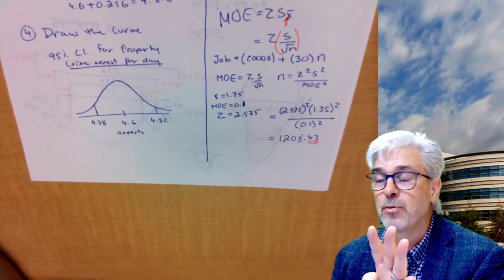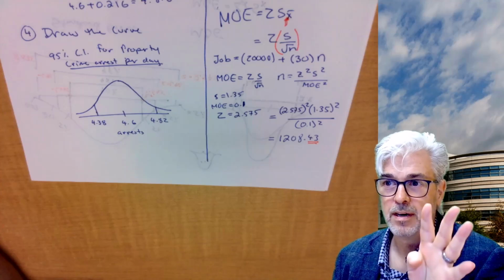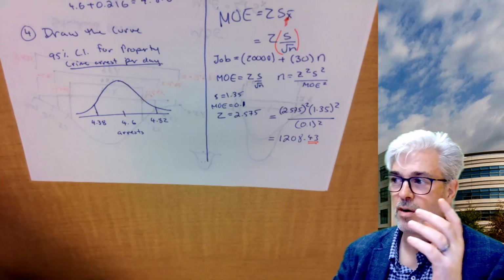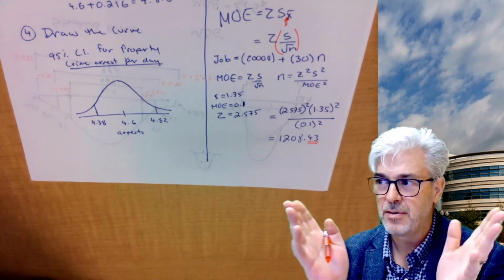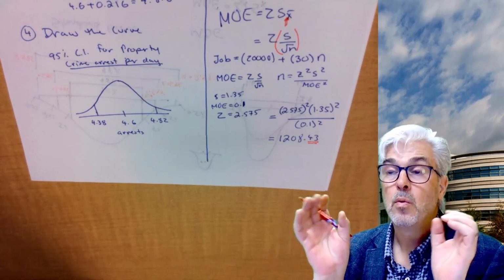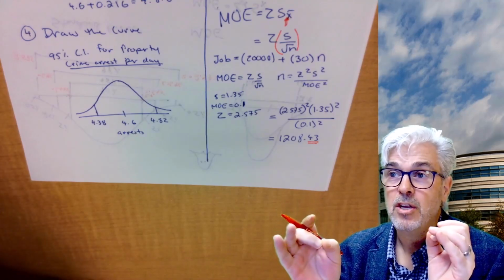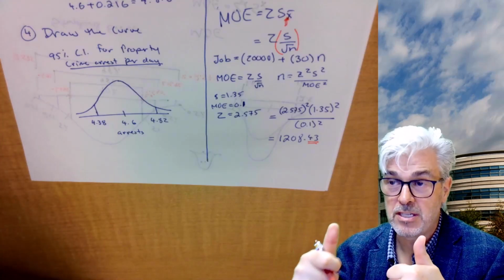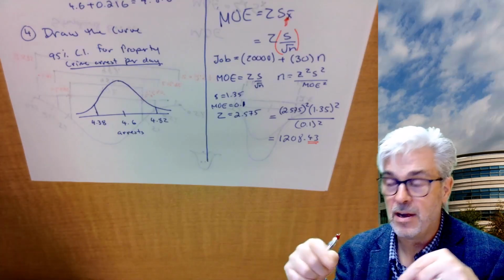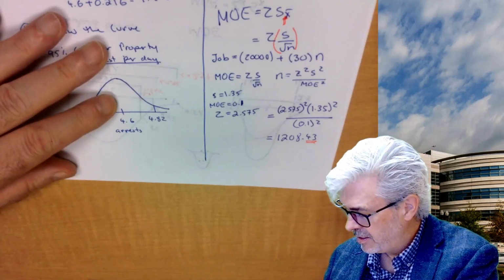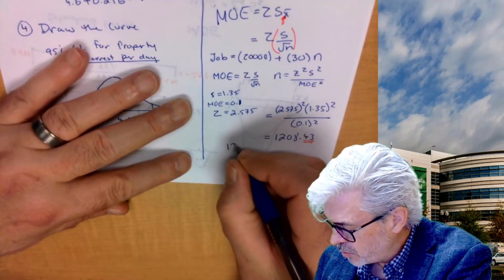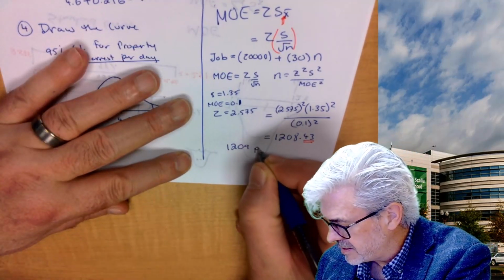So here's the fourth rule of rounding, right? You had 3 rules of rounding thus far: proportions, percentages, and then generally. Here's the fourth rule. When calculating sample size, you always round up to the next closest whole number. You never round down. So the correct answer here is you need to contact 1,209 precincts.